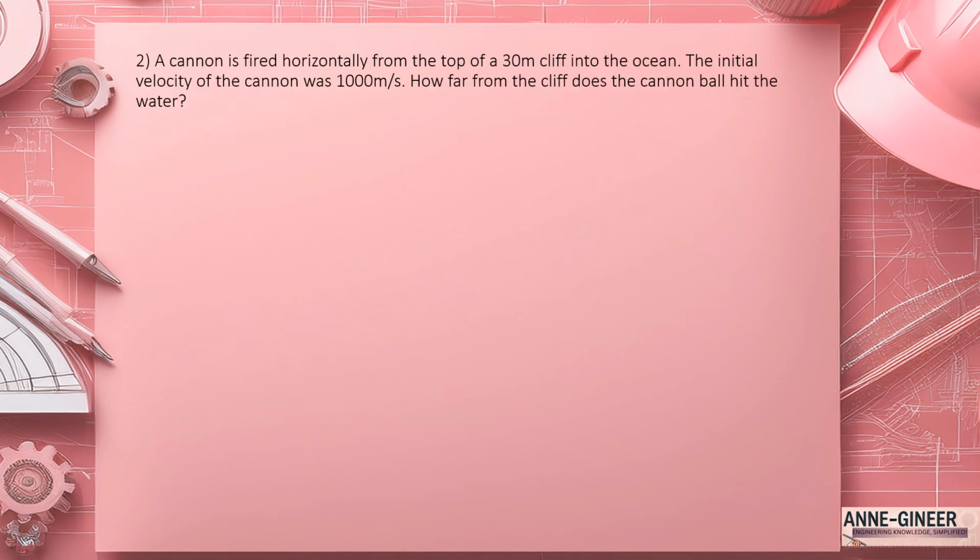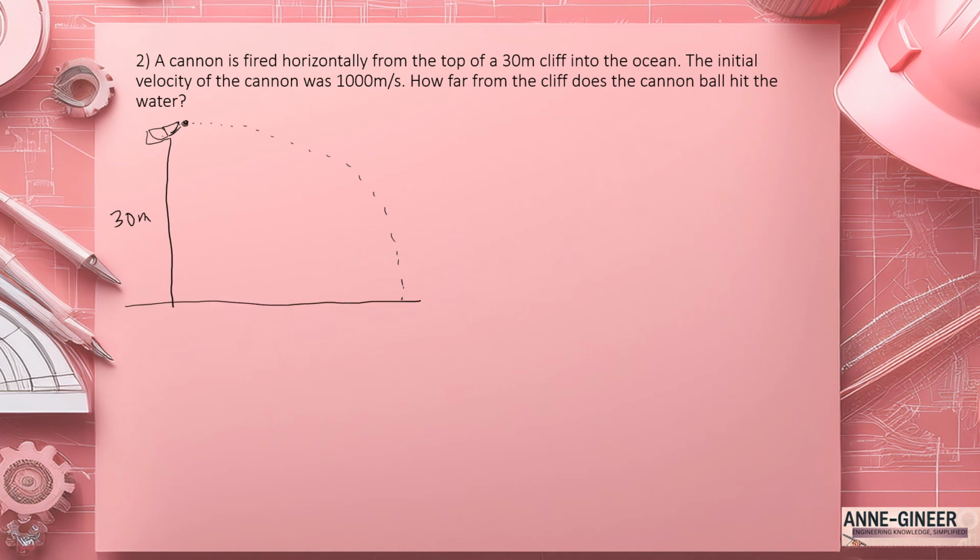Another example, a cannon is fired horizontally from the top of a 30-meter cliff into the ocean. So clearly, we have this 30-meter cliff, and then the cannon is fired. And then it looks like this.